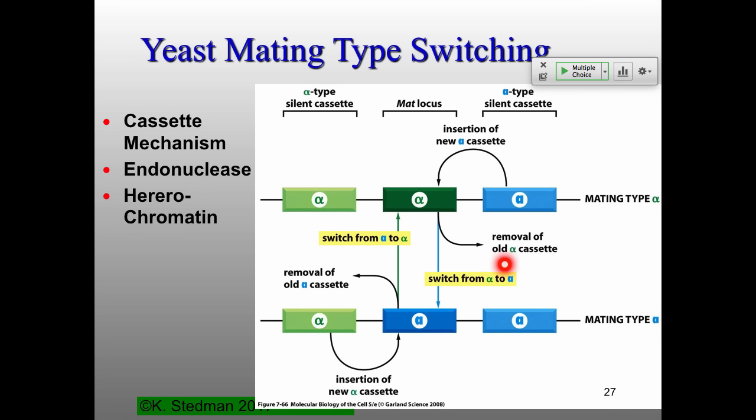And what's interesting is it always gets repaired from the opposite one. So if you have an alpha that gets cut, it gets repaired by A. If you have an A that gets cut, it gets repaired by alpha. So it's basically almost identical to the DNA repair mechanism for double-stranded breaks, this mating type switching process.